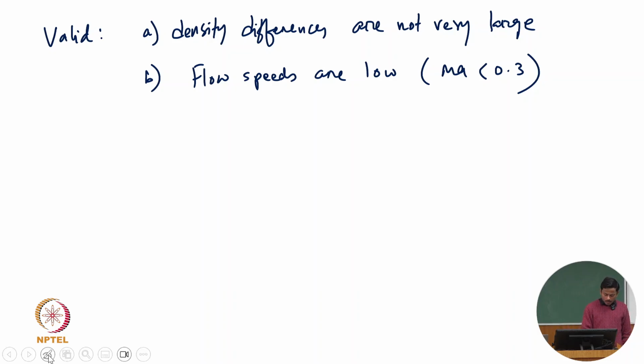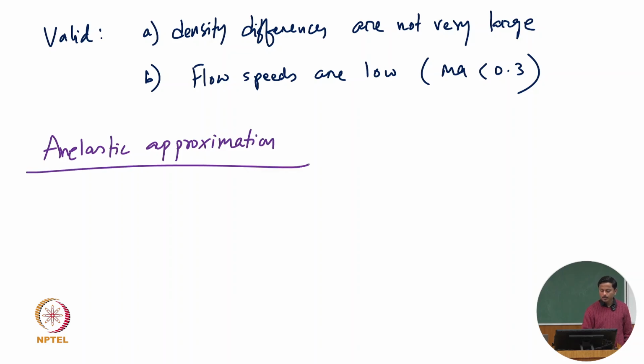Now once we have completed the Boussinesq approximation, we do a related approximation. This is called the anelastic approximation.